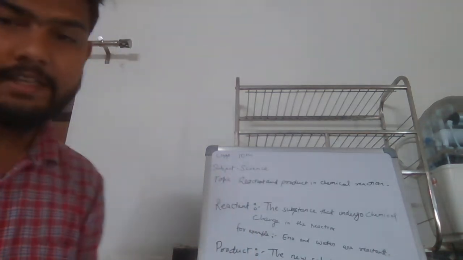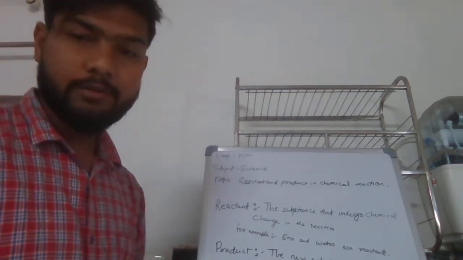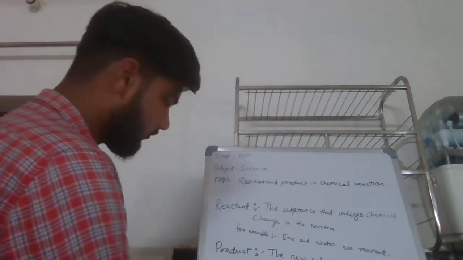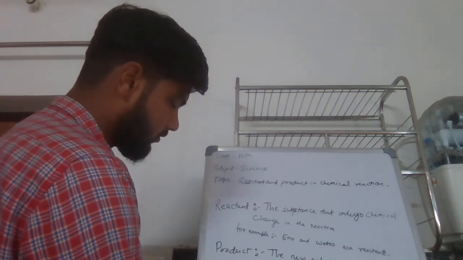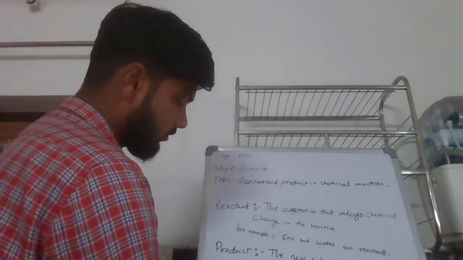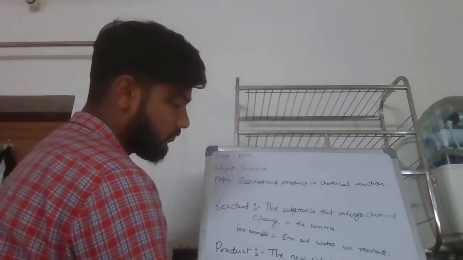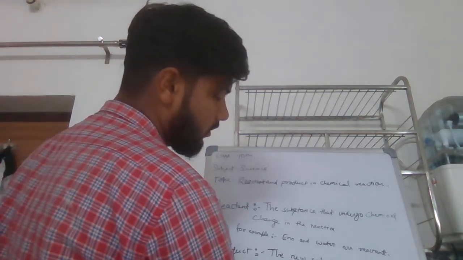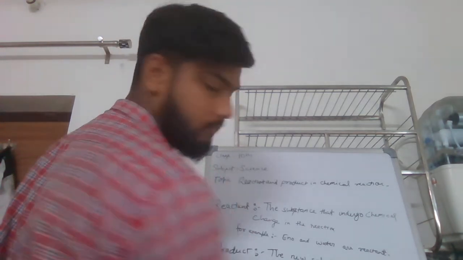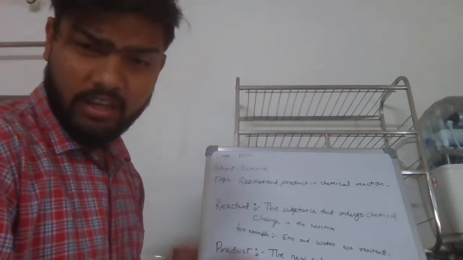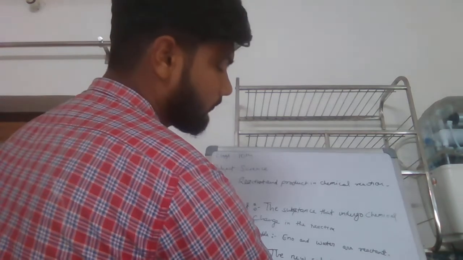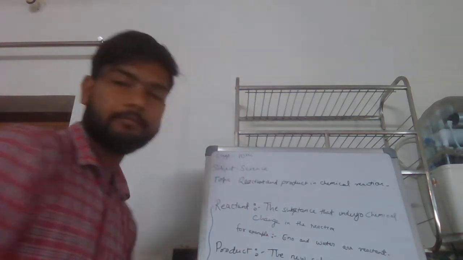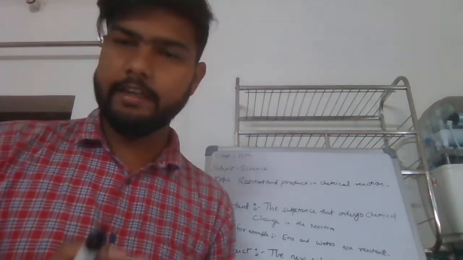For example, we can see sodium chloride, photosynthesis, and rusting of iron. So these are the examples of reactants and products. Everyone is clear till now.